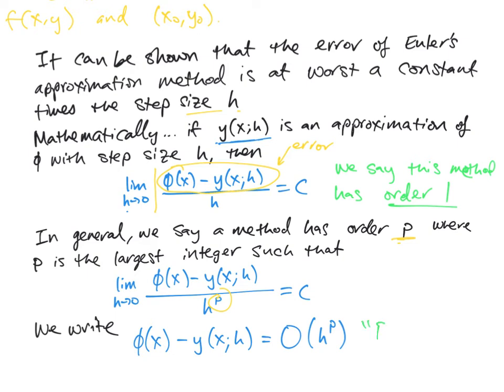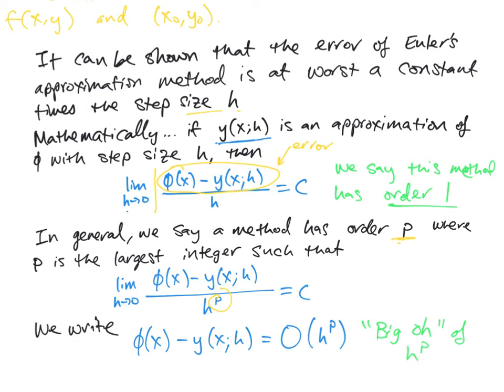We say that's big O of h to the p. So Euler's method is order 1, and that's not super great. So we want to try to improve this method, and that's the next thing that we're going to do.